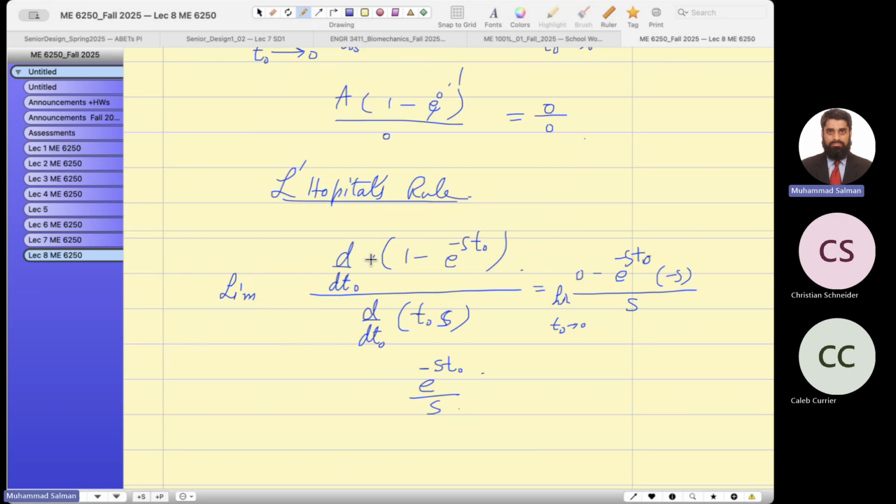I forgot to write down a here outside. Now you plug in t naught as 0 in the limit. What does it become? 1 over, a is outside, so a over s, and I forgot to write down this s here, so this is also multiplied by s. The s is cancelled, so you are left with a.